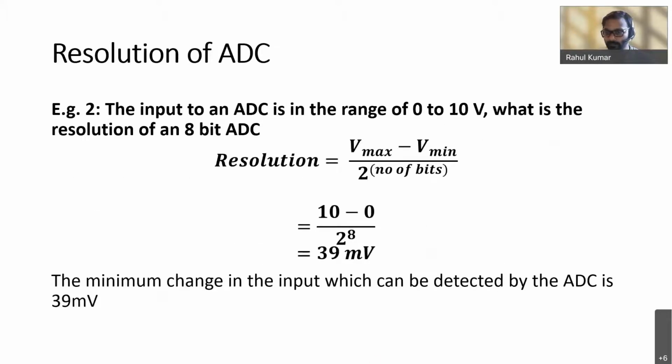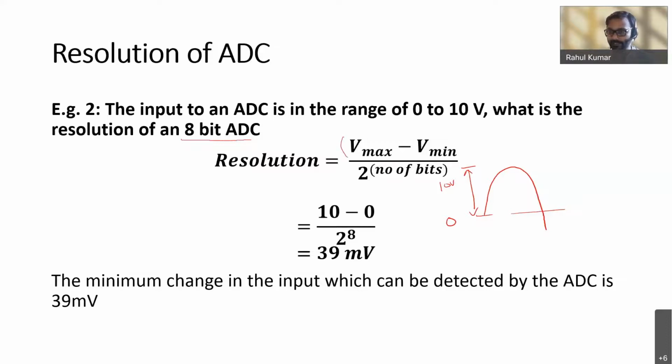Okay. Similar type of example. In this case, the input to an ADC is in the range of 0 to 10 volts, right? Then what is the resolution of an 8-bit ADC? In this case, the full scale range is not given, so we have to calculate it.